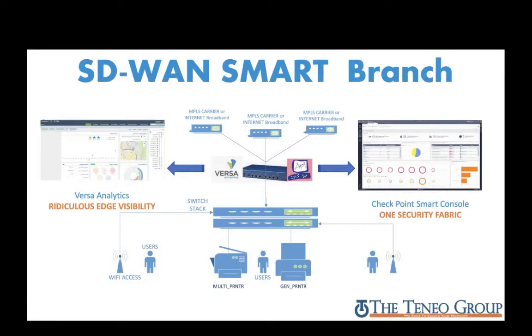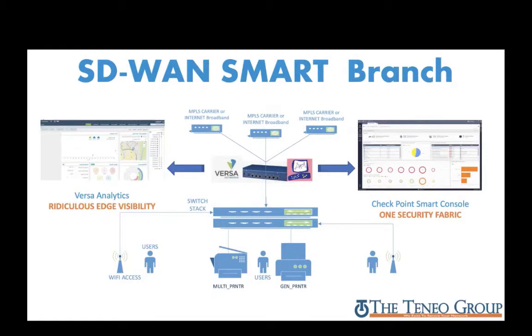But the key point here is the pane of glass that you get for Versa is one thing, but your original pane of glass that you had with Checkpoint remains the same. So even though it's running inside of that box, you still have the same visibility you've always had. And I know there's no one out there that wants to give that up. If they like Checkpoint and they want to stay with that product, that's great. That's what we offer. That's what you get.